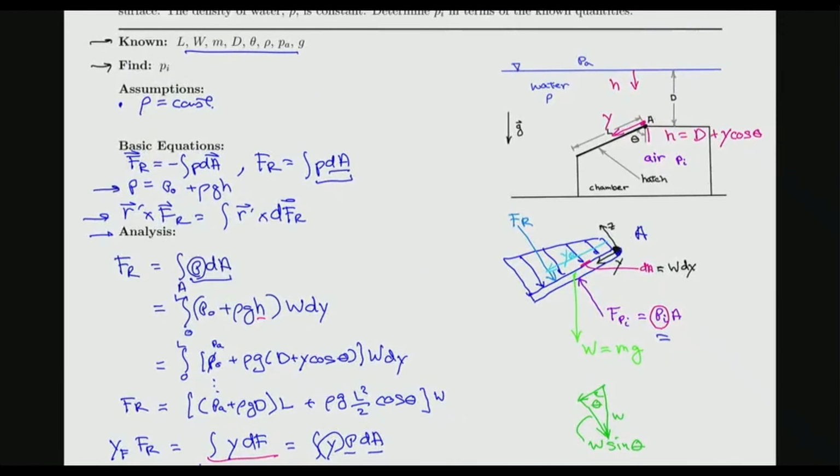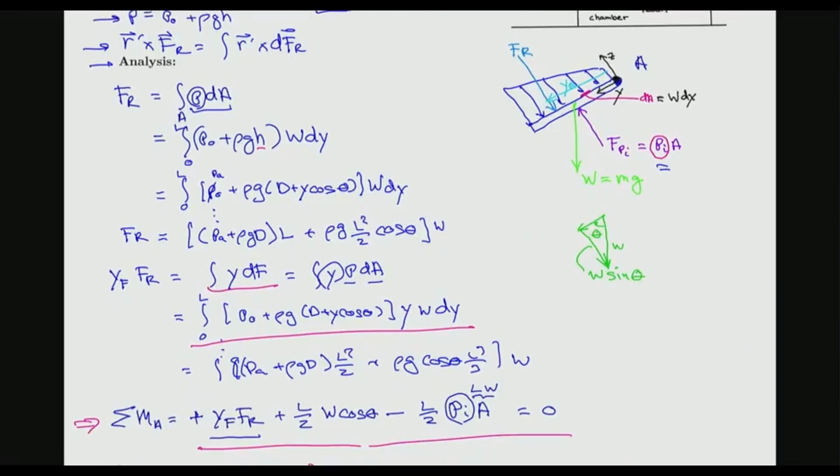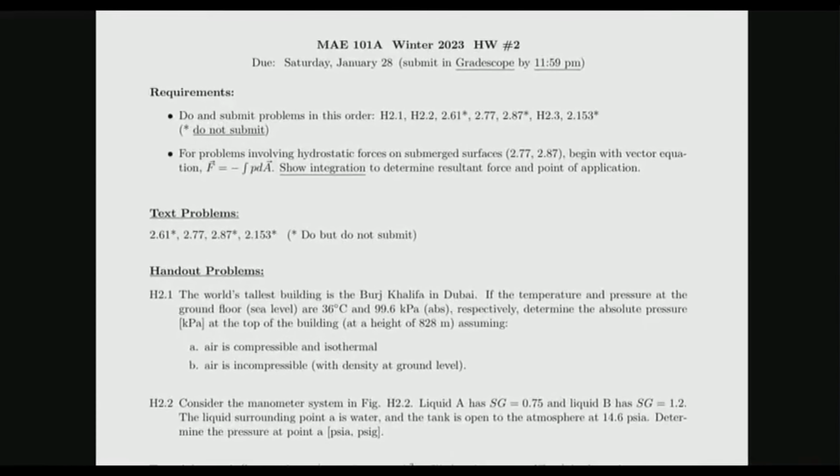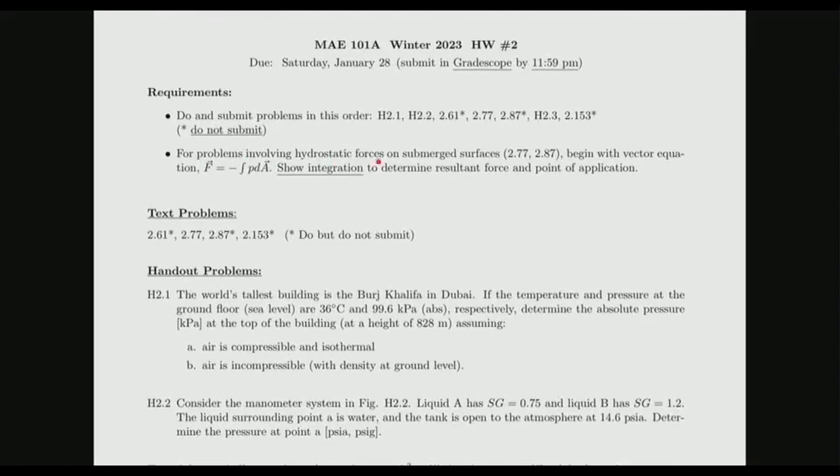I expect you, on an exam and on the homework, where's the homework? Right here. For problems involving hydrostatic forces on submerged surfaces, these two, begin with the vector equation, and then show integration to determine the resultant force and point of application.